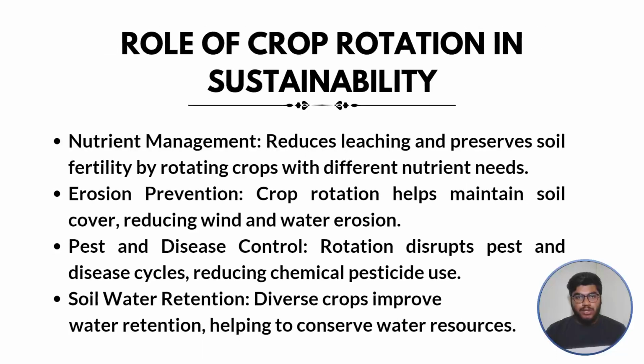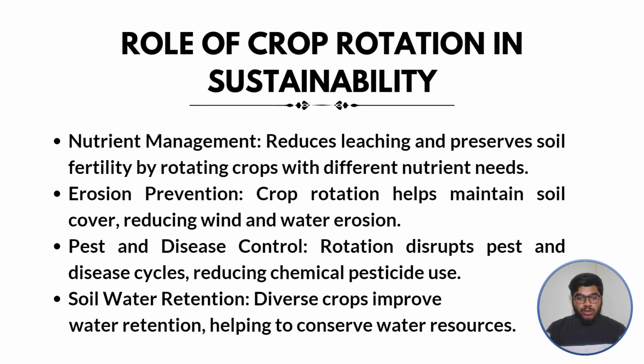Now let us discuss the role of crop rotation in sustainability. Nutrient management reduces leaching and preserves soil fertility by rotating crops with different nutrient needs. Erosion prevention: crop rotation helps maintain soil cover, reducing wind and water erosion. Pest and disease control: rotation disrupts pest and disease cycles, reducing chemical pesticide use.